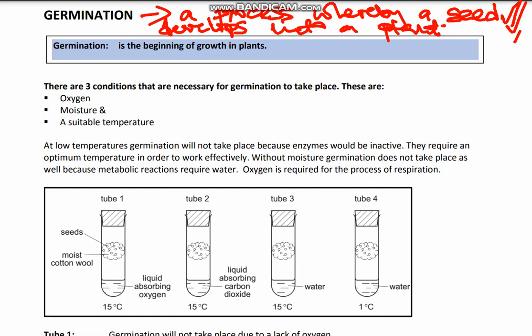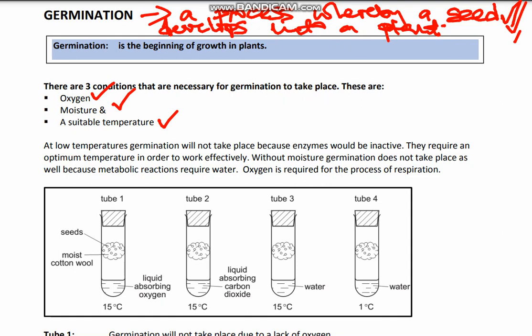Then there are also things that you need to know when it comes to germination. You need to know that germination occurs because of what we call favorable conditions, or the conditions which are necessary for germination. And those conditions include oxygen, moisture, and a suitable temperature.